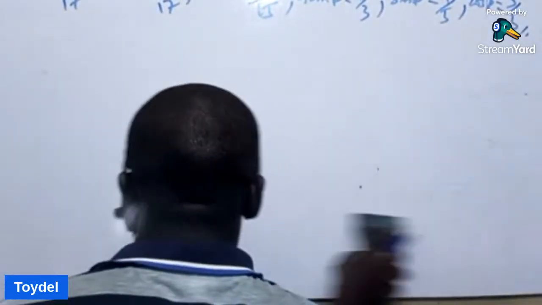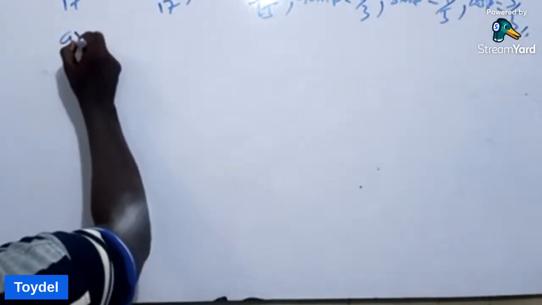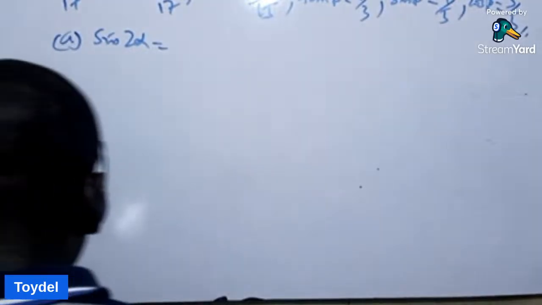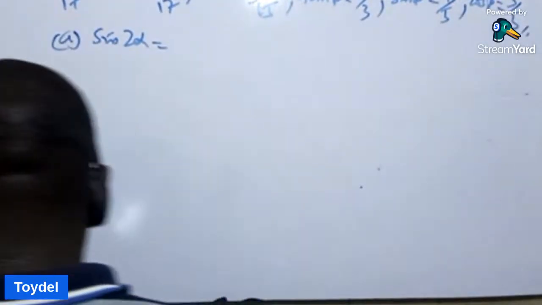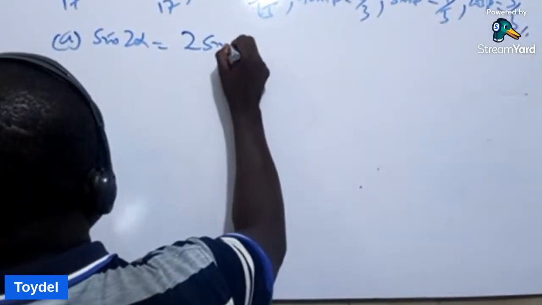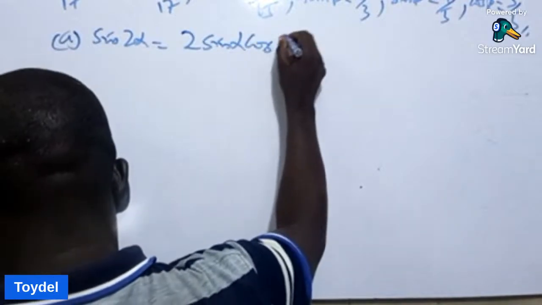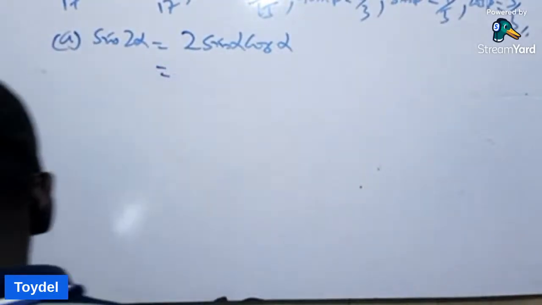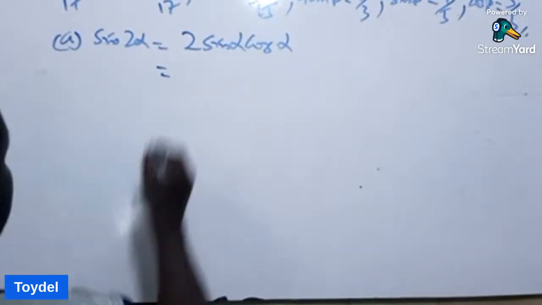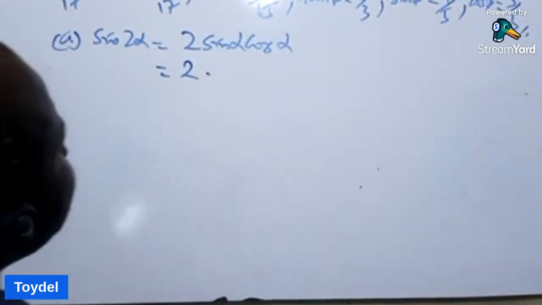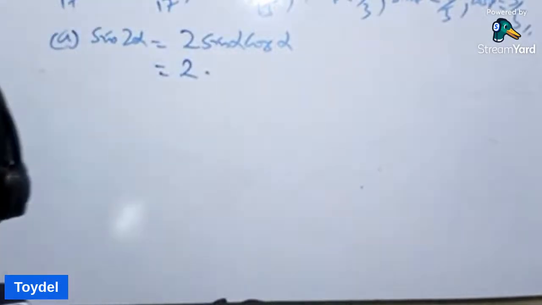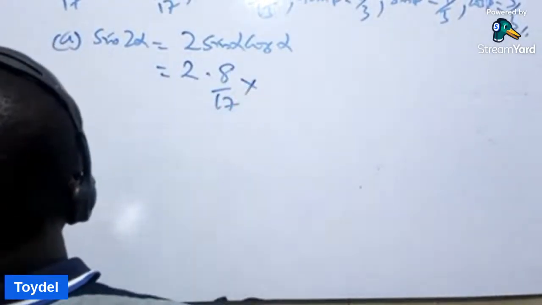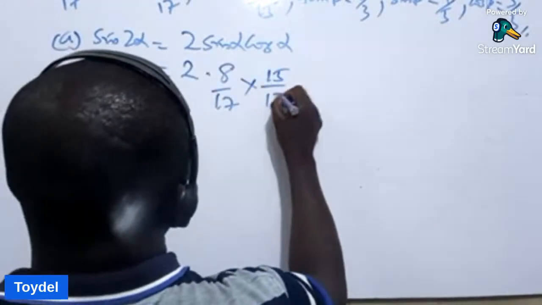We are given sine 2 alpha. So how do we get sine 2 alpha? From the double angle formula, sine 2 alpha will be 2 sine alpha cos alpha. Here, we have 2 multiplied by sine alpha, which is 8 all over 17, multiplied by cos alpha, which is 15 all over 17.